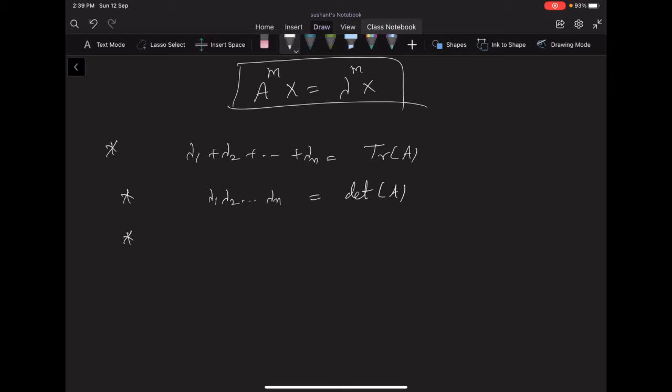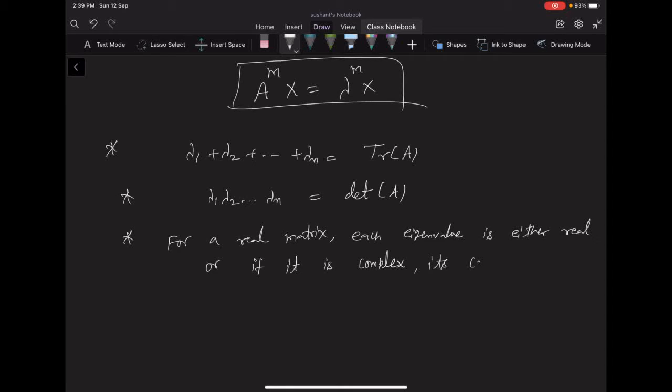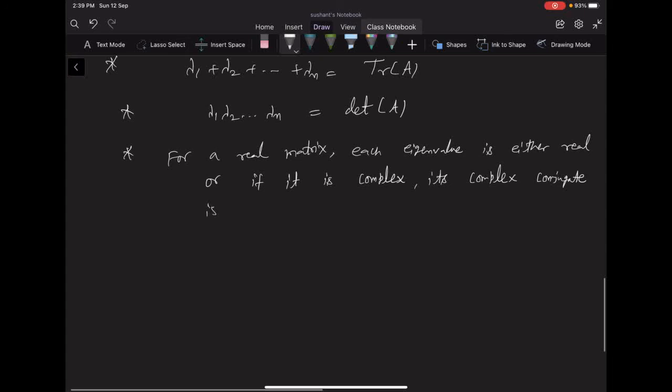The third point is that for a real matrix, each eigenvalue is either real, or if it is complex, then its complex conjugate is also an eigenvalue.